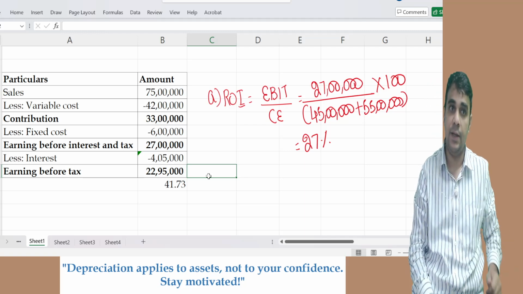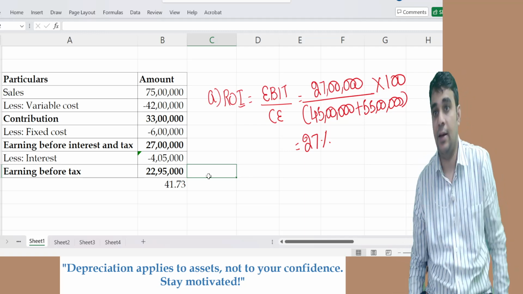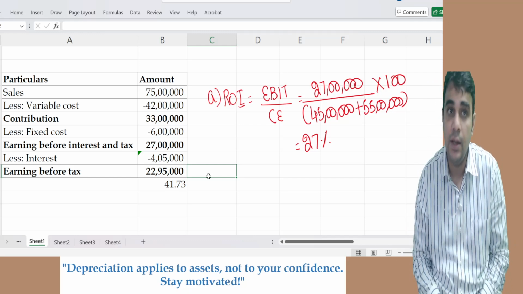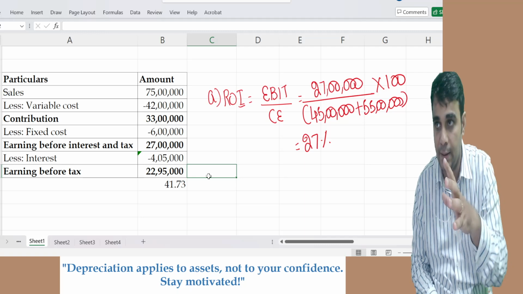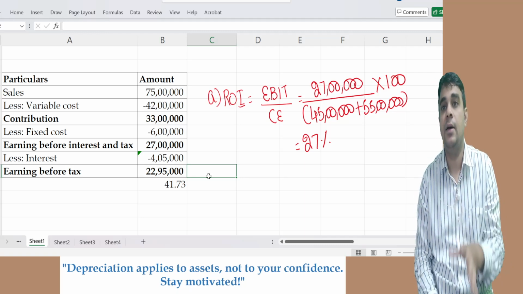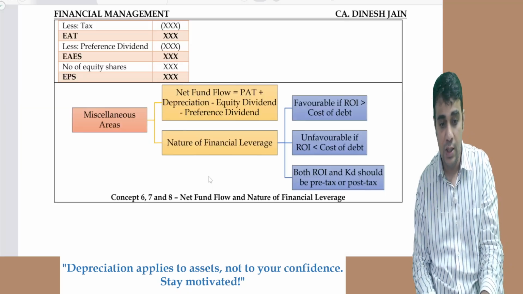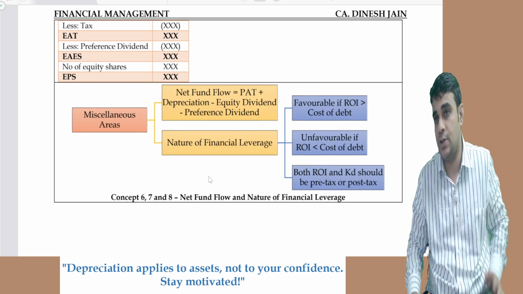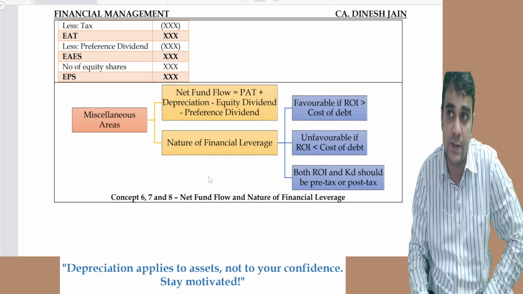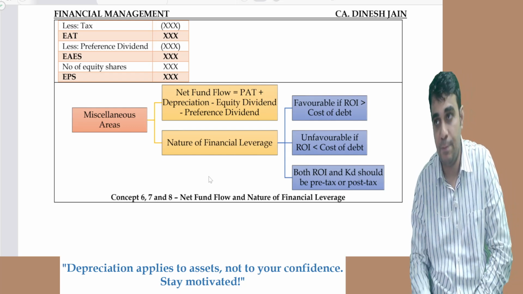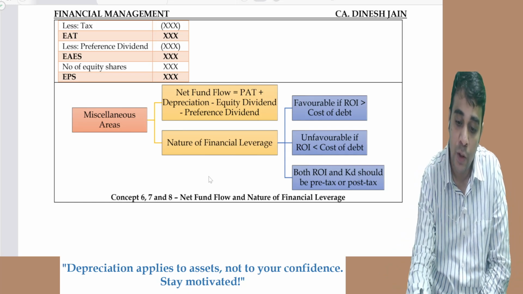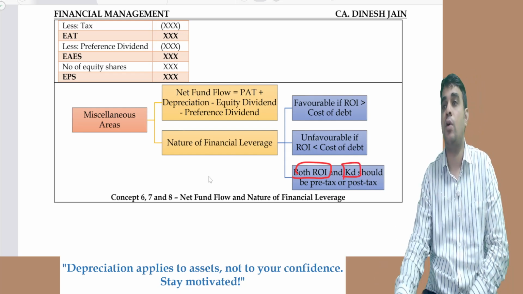To put it simply, debt leverage is good if I can earn more than what I'm paying, and debt is bad if I can earn less than what I am paying. So in this example, it is a favorable financial leverage because we are paying 9%, earning 27%. Only thing is, you have to take care both ROI and KD should be before tax or after tax.